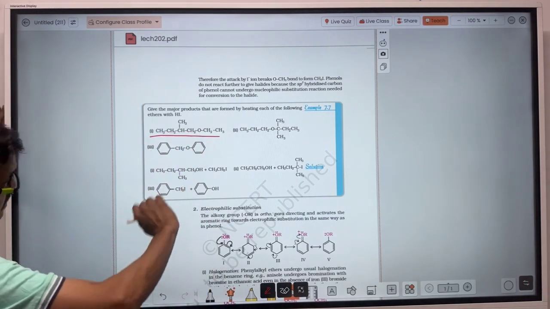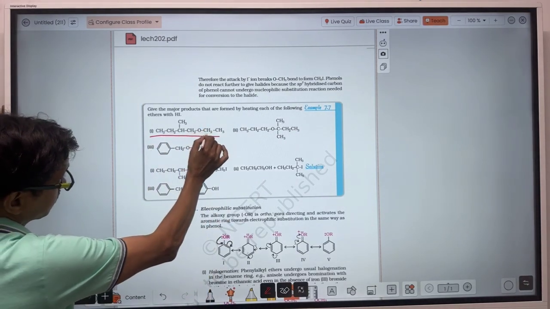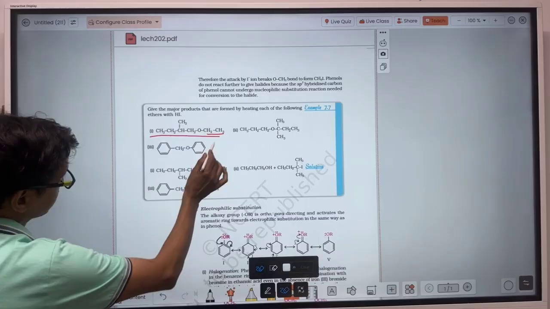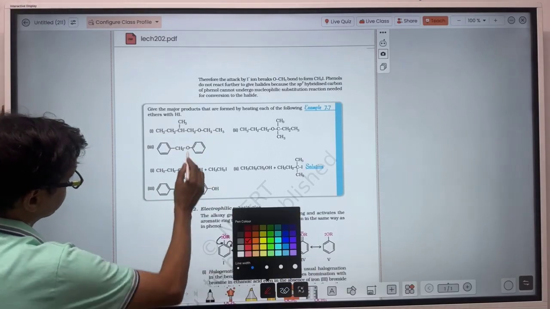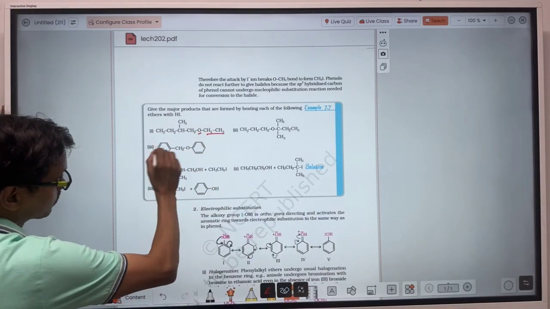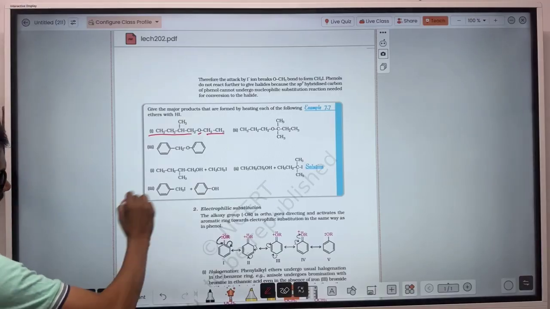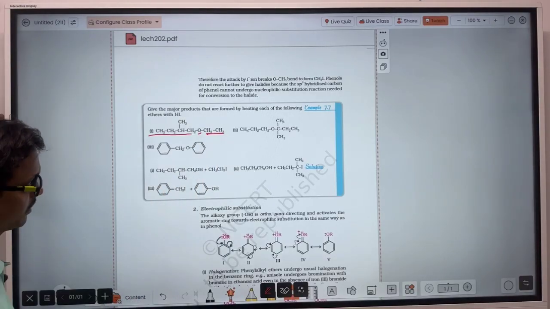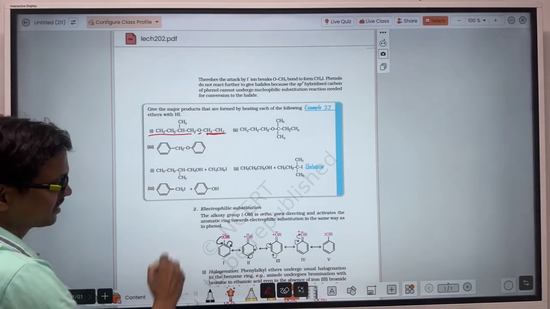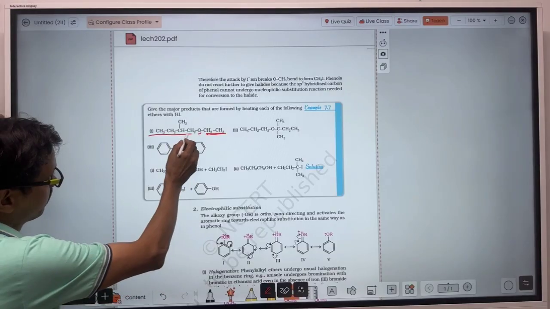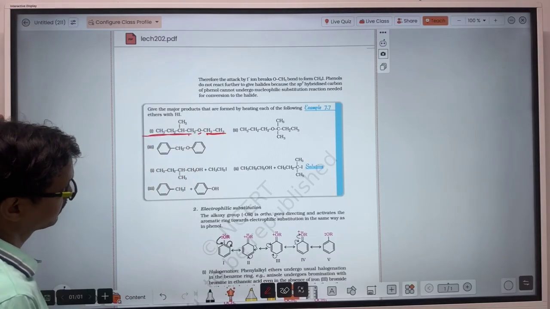So here in this ether, this oxygen is separating this alkyl group and this alkyl group. This chain is of 2 carbon, and this chain is of 4 carbon. So what happened?